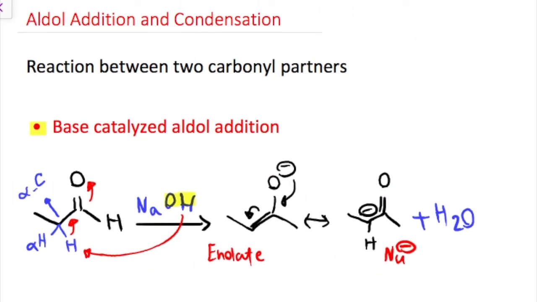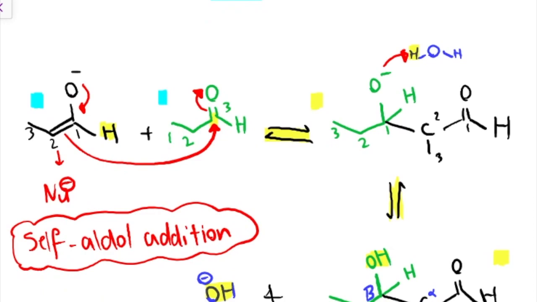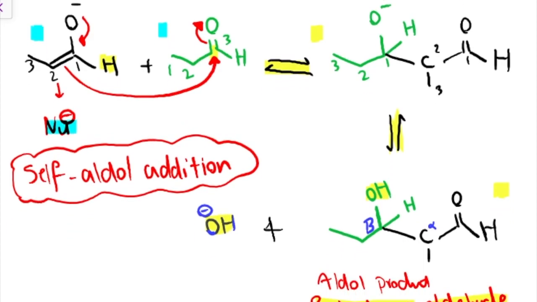So very briefly, we talked about aldol addition and condensation. We started with base-catalyzed aldol addition. The very first step is to get the enolate, because the alpha hydrogens are acidic, and in the second step, the enolate acts as the nucleophile to attack carbonyl groups. This can be the same aldehyde, in that case it's going to be a self-aldol, or a different carbonyl group, in that case it's going to be a crossed or mixed aldol addition.